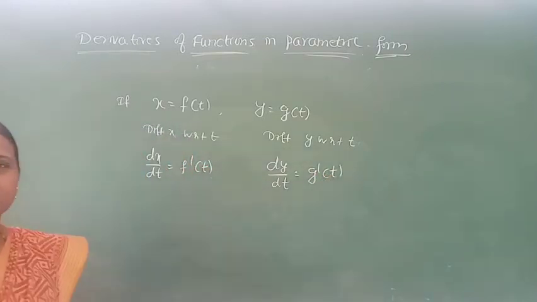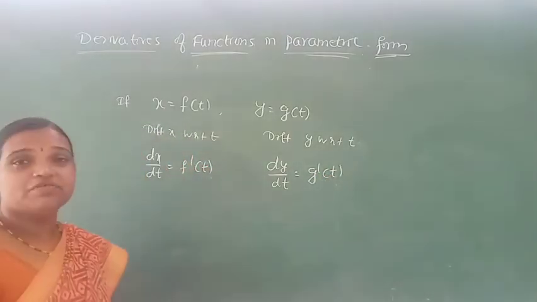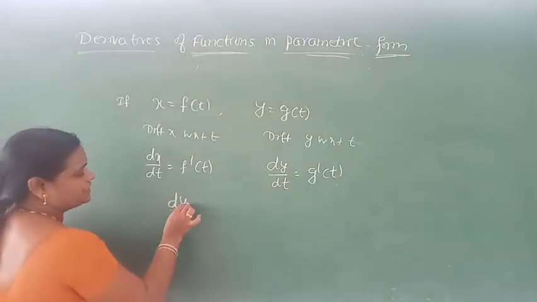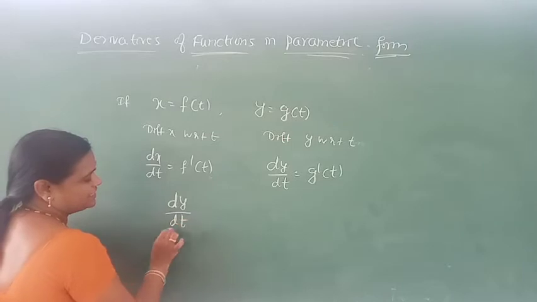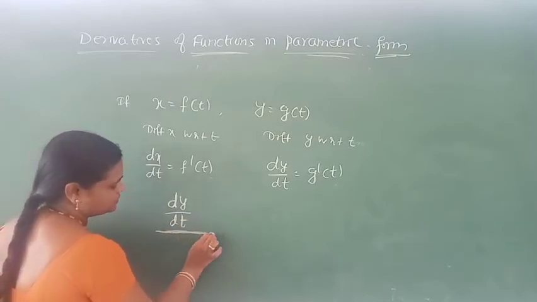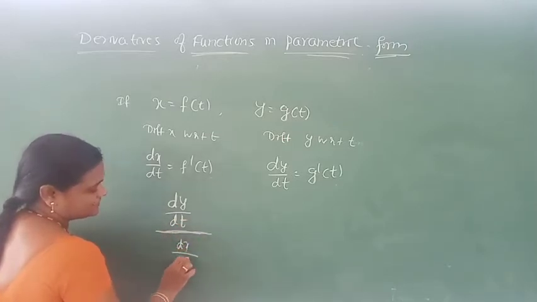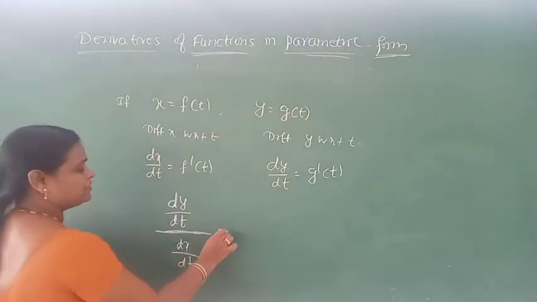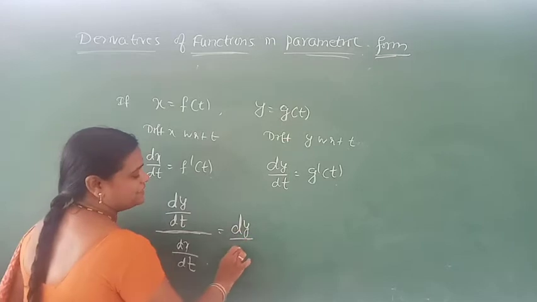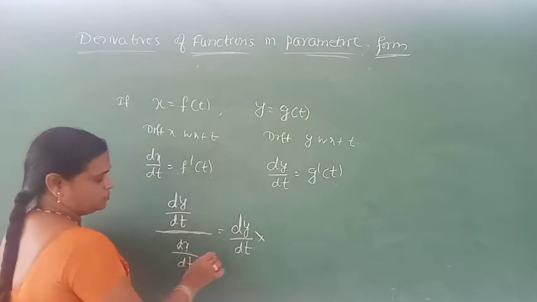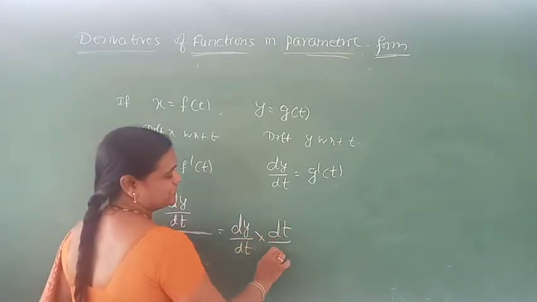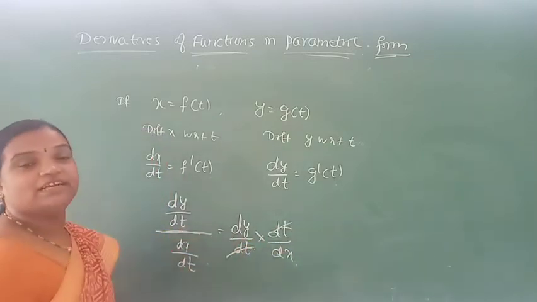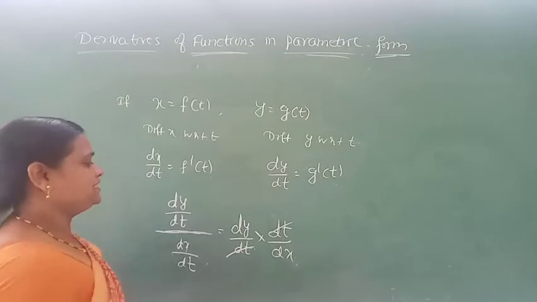But we want dy by dx. For that, what we do here: divide dy by dt by dx by dt. That is dy by dt into dt by dx, the reverse form, so dt gets cancelled, leaving dy by dx.